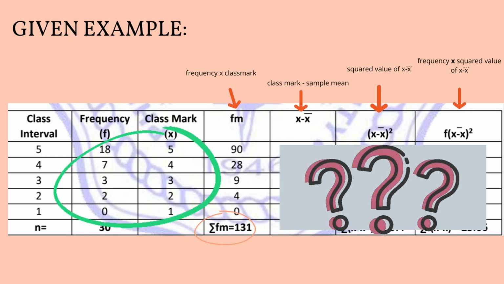Therefore, we have 90. 7 times 4, 28. 3 times 3 is 9. 2 times 2 is 4. 0 times 1 is 0. And of course, huwag natin kalimutan ilagay yung summation ng FM or summation ng frequency and class mark natin. And that is 90 plus 28 plus 9 plus 4 plus 0 is 131. Okay, so ito yung ating frequency multiplied to our class mark.